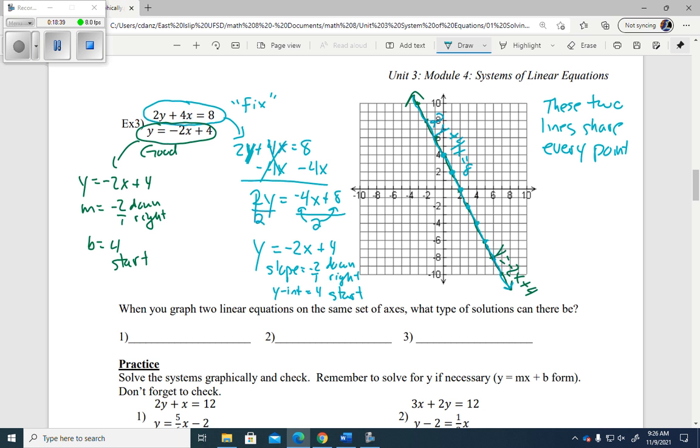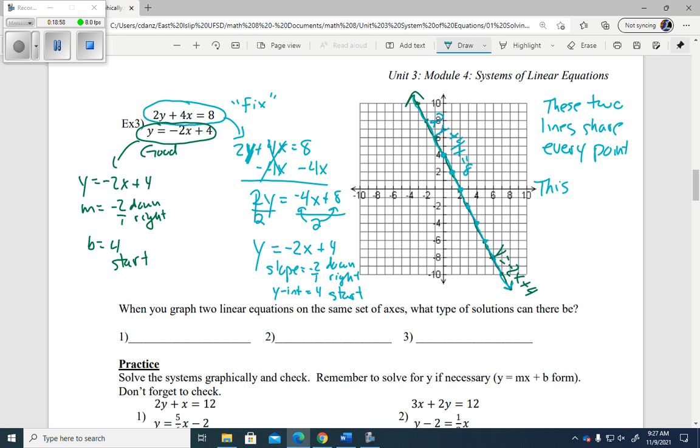So I can't really name a solution. There's so many of them. Really, what we like to say is if the lines land right on top of each other, we say that the lines coincide. If the lines coincide, that means that there's an infinite number of solutions.